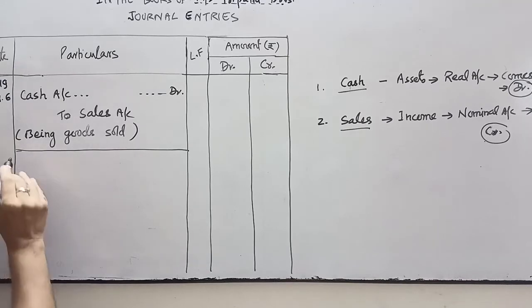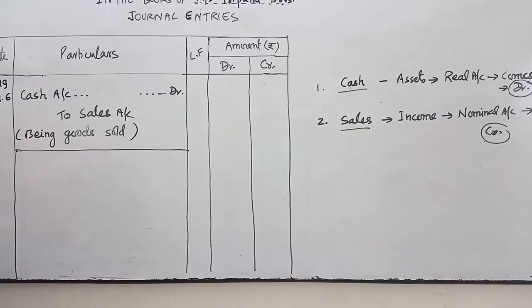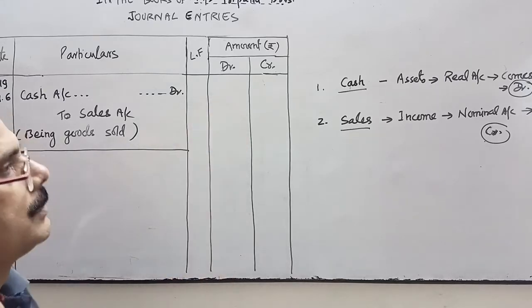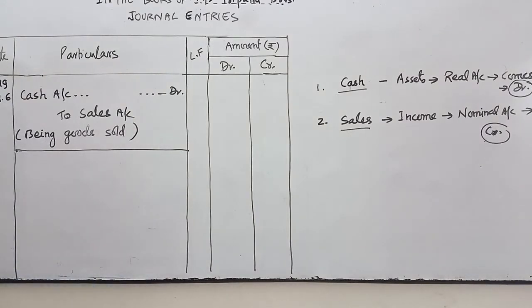Okay, one straight line from this end to this. And thereafter we'll write the amount. So goods sold for cash, the amount is how much? The amount is 36,000.